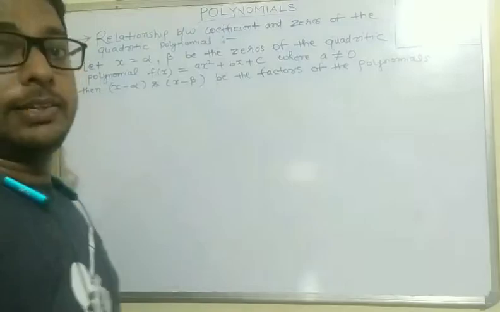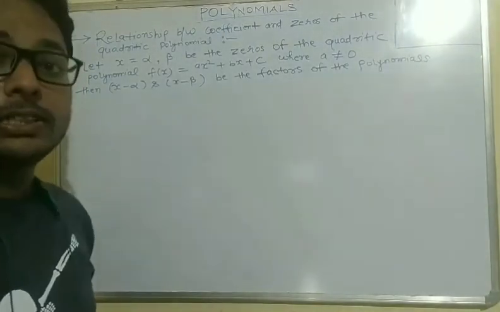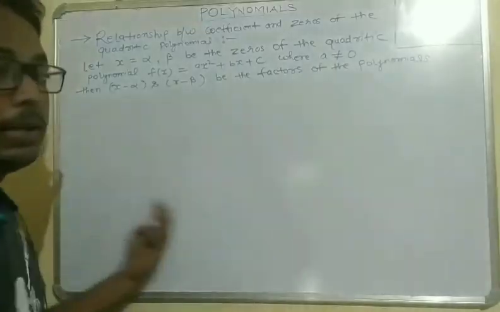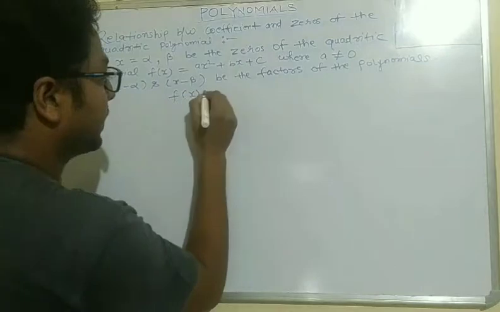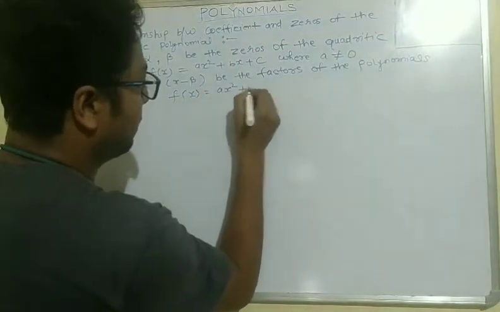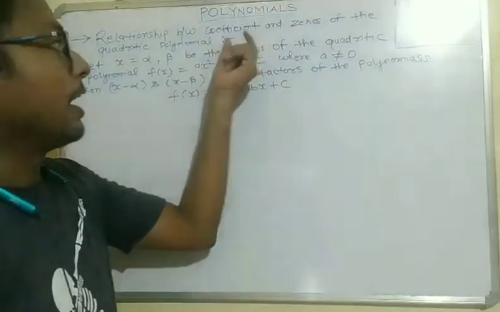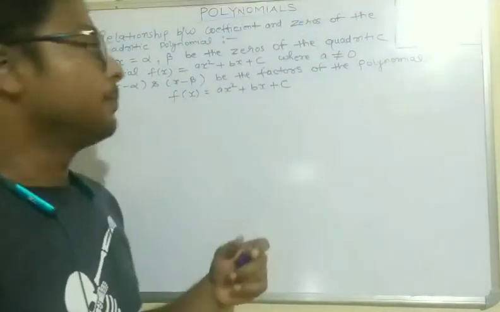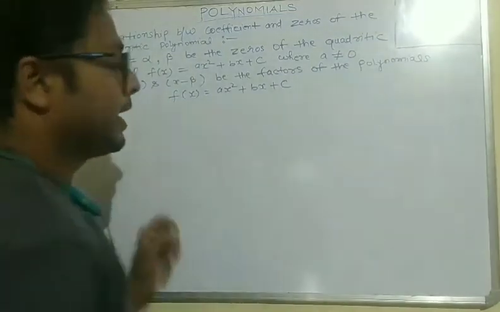What is the concept actually telling about this? I will discuss it deeply. Here f(x) equal to ax square plus bx plus c, and the coefficient and zeros of the quadratic polynomial.